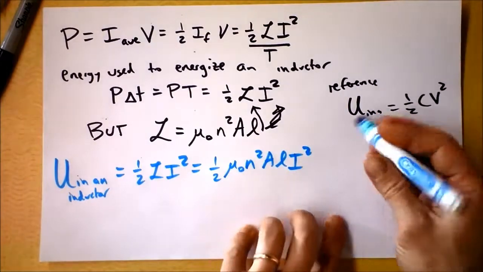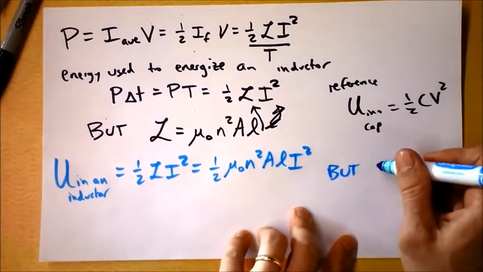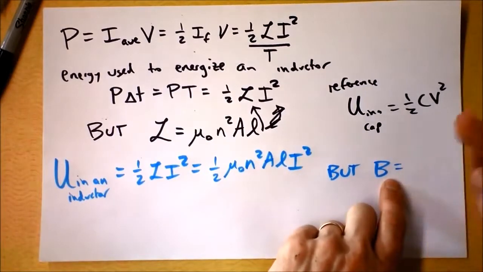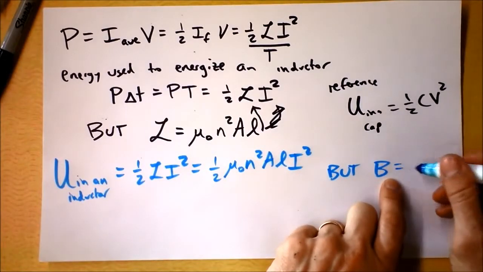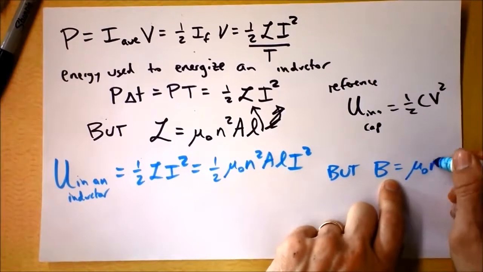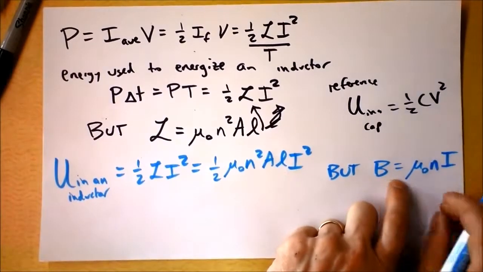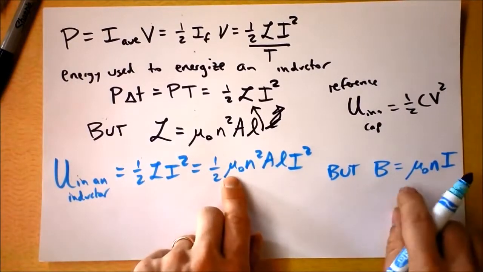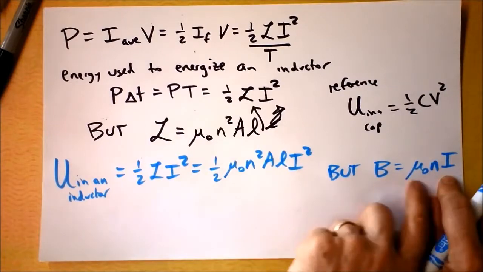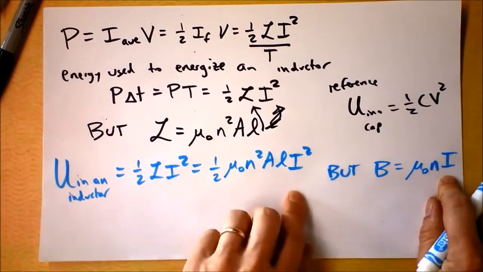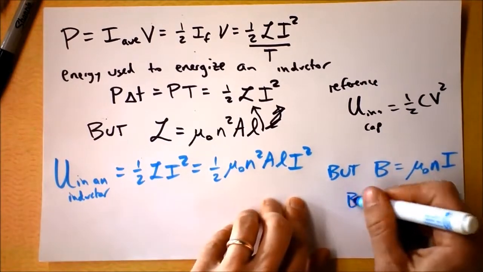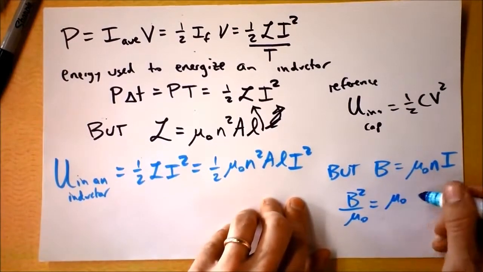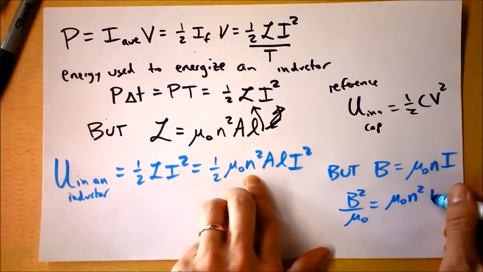Oh my goodness. But I want to point out that the magnetic field inside a solenoid is simply mu naught times the number of turns per unit length times the current going through there. So I see this here: you see that I've got mu naught and n and I. In fact, I've got this squared, except B squared over mu naught equals mu naught times n squared times I squared.